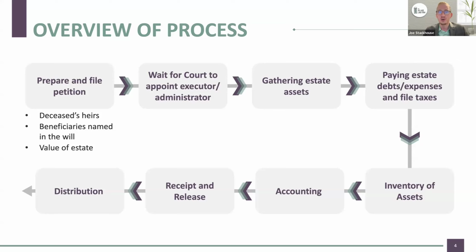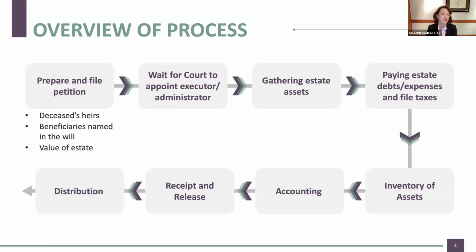We as the attorney also sign the petition and other documents. We certify that the documents have been prepared correctly, that we are the ones representing the executor in the court process, etc. So both us and the executor sign the paperwork.